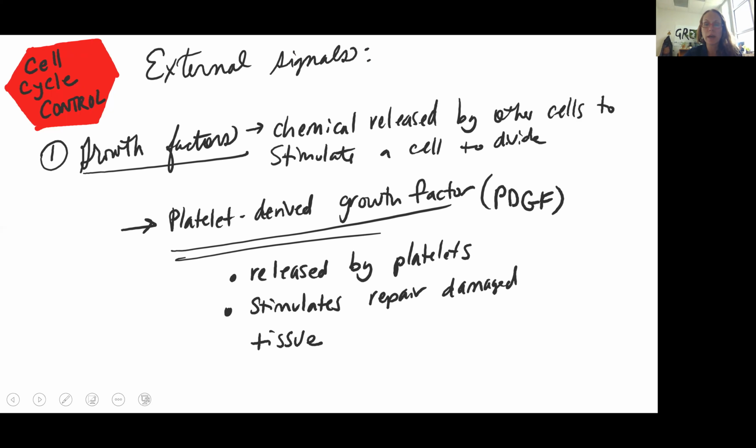This is released by our platelet cells. So these are going to be important cells that are involved in blood clotting. They're going to show up and release this factor when we've had damage to our tissue. So here's an example of how we can get cells to go into cell division as a result of necessary repair.